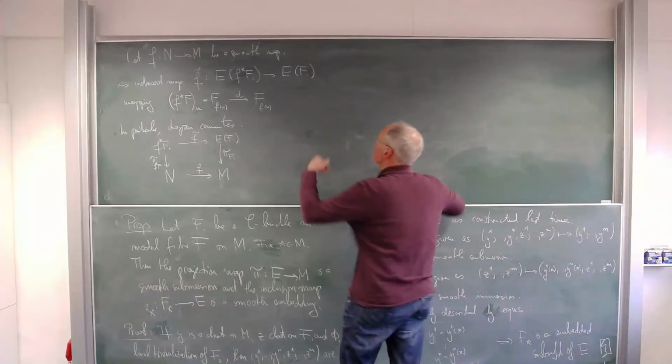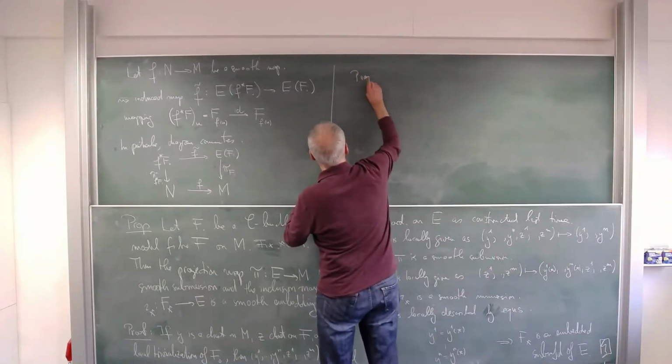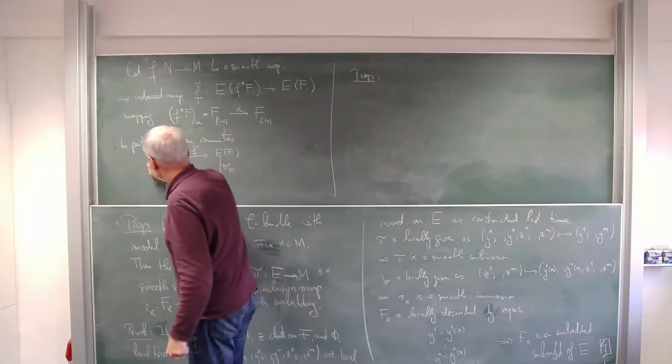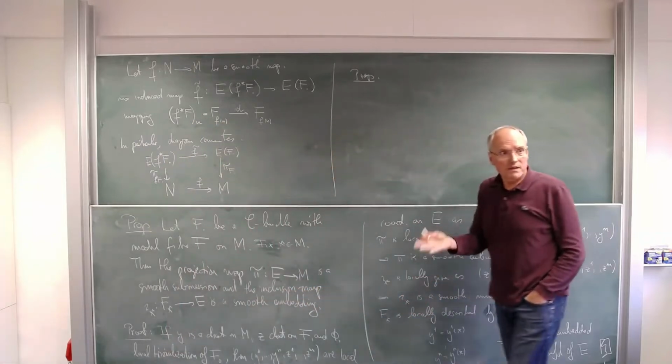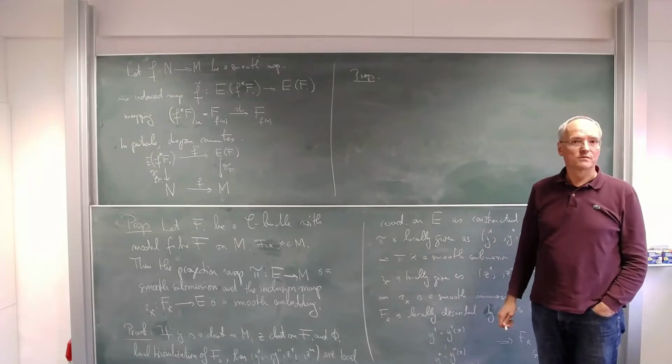And now the claim is a proposition: both these total spaces are smooth manifolds, and the claim is that this map F tilde is also a smooth map.